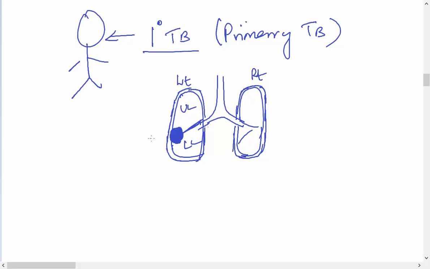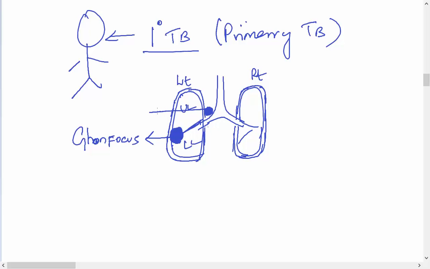This is called Ghon focus. Immediately this will be taken up, the macrophage will go to the hilar lymph node and stimulate it, and you will get hilar lymphadenopathy.